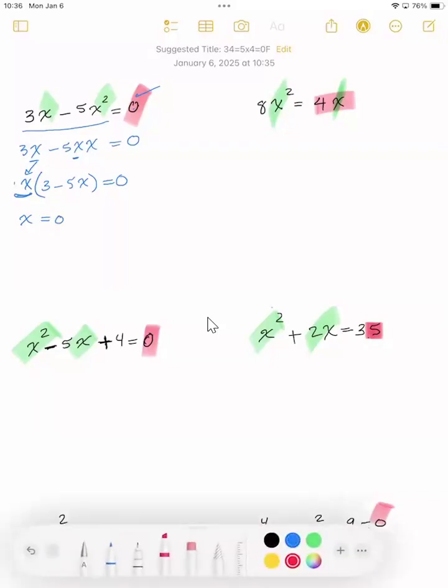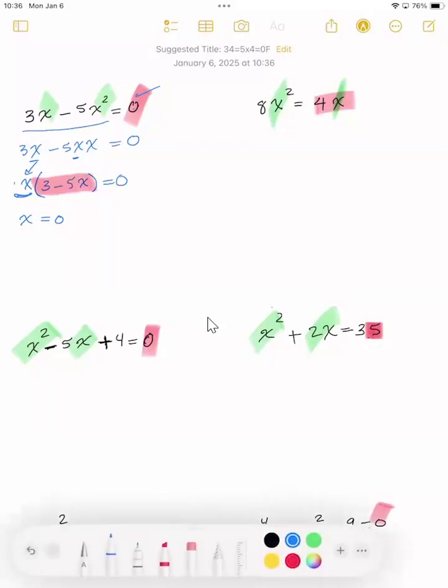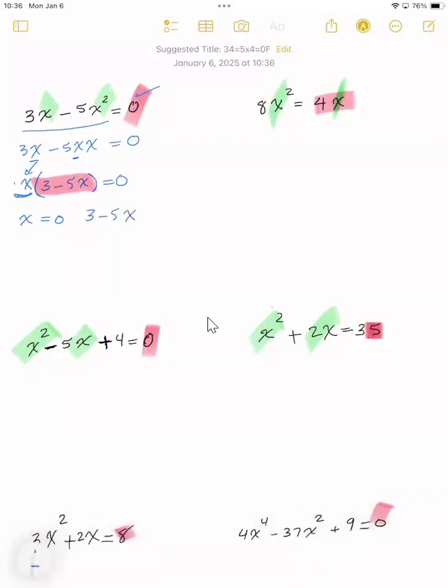And then I set my other factor, which is 3 minus 5x, equal to 0. And then I solve each equation. So the steps are 0 on one side, factor the other side, then set each factor equal to 0.